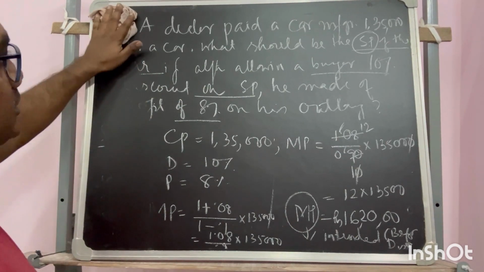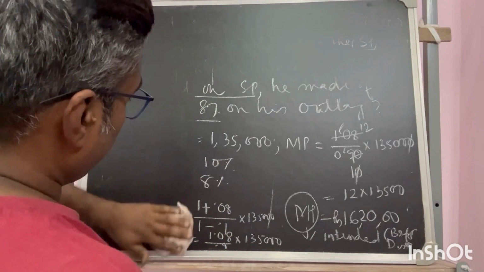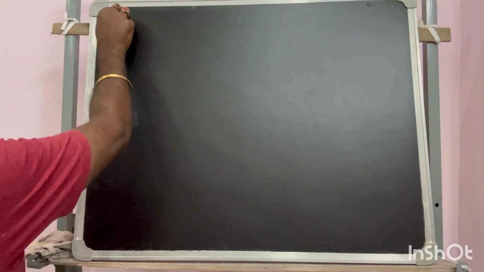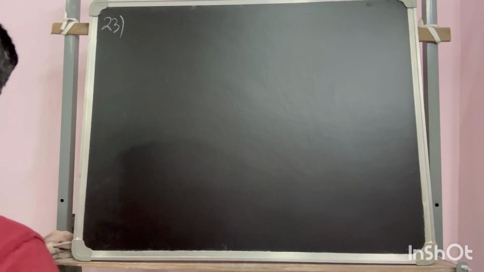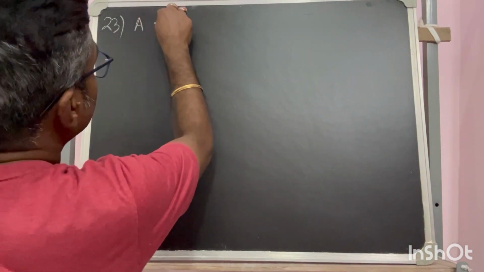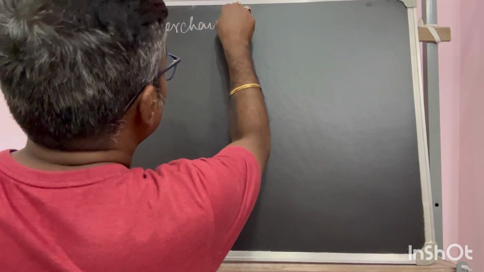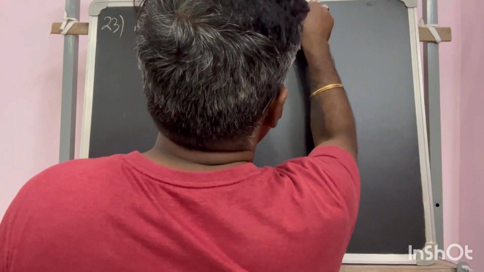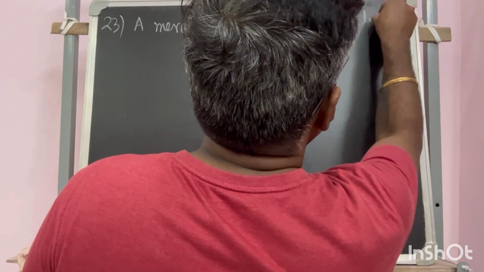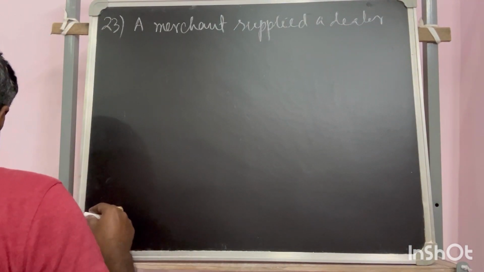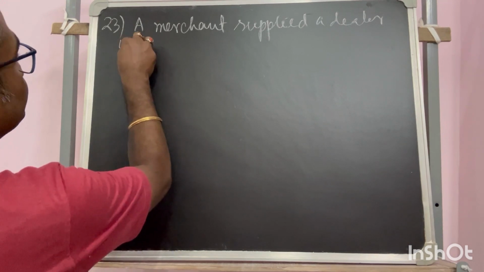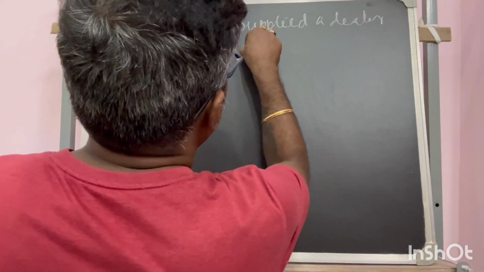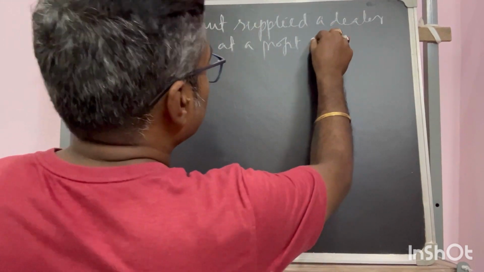Okay, so the next problem is number 23. The 23rd problem says: a merchant supplied a dealer with goods at a profit of 10%.